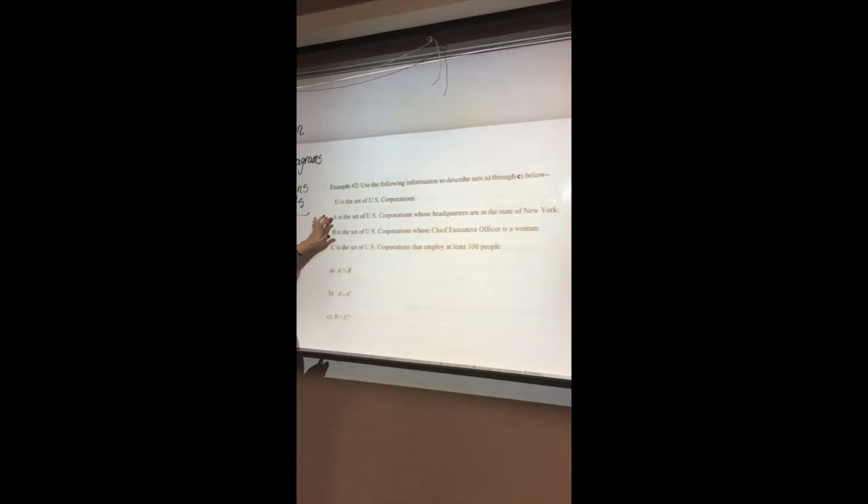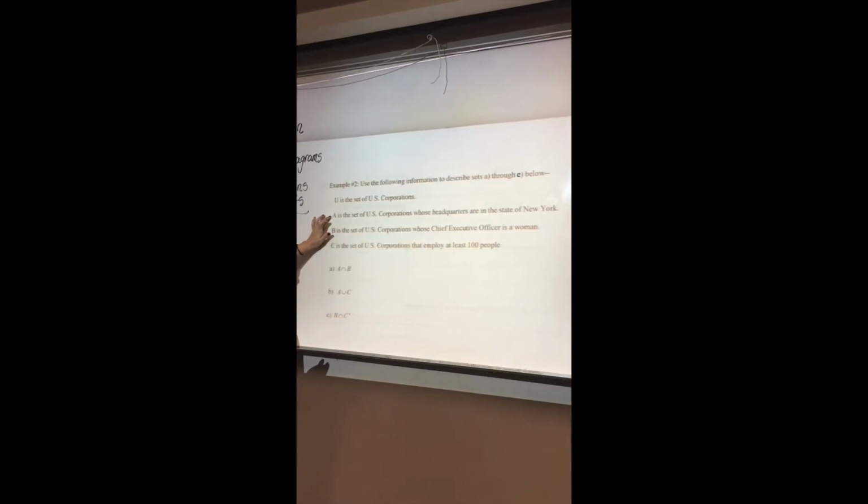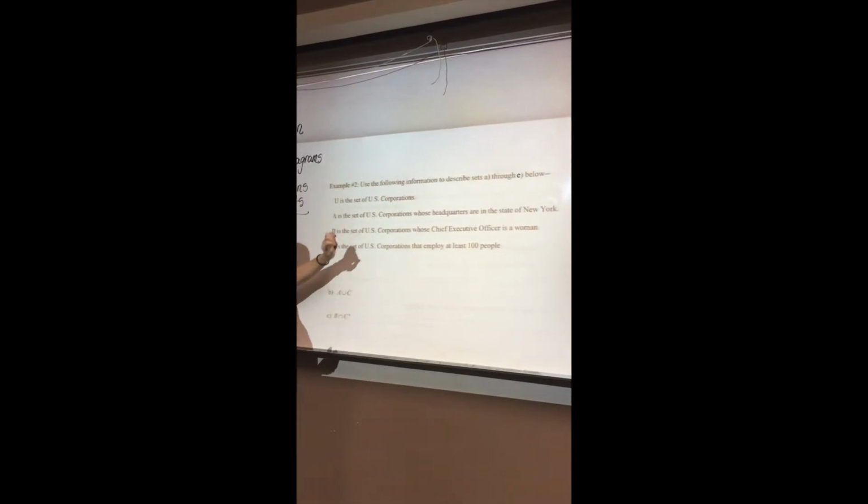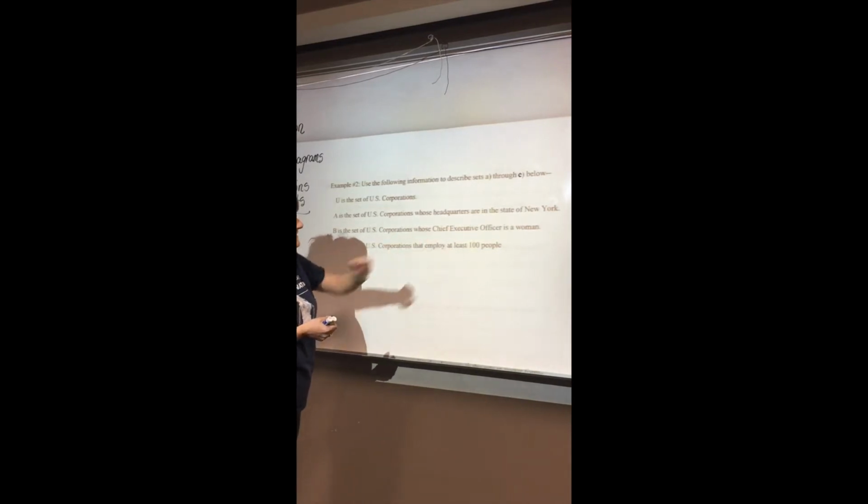So A and B are here. Again, A is U.S. corporations whose headquarters are in the state of New York. And B is the set of U.S. corporations whose CEO is a woman. So the way we write this is one sentence that describes all of the U.S. corporations that are in both of these categories.